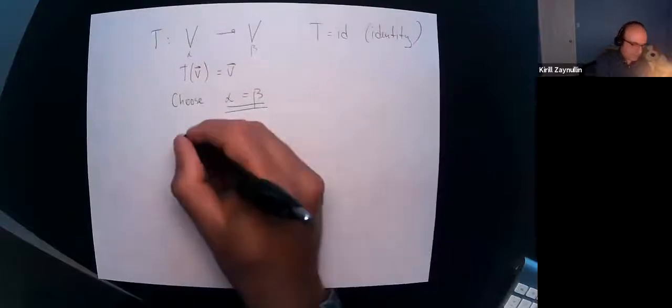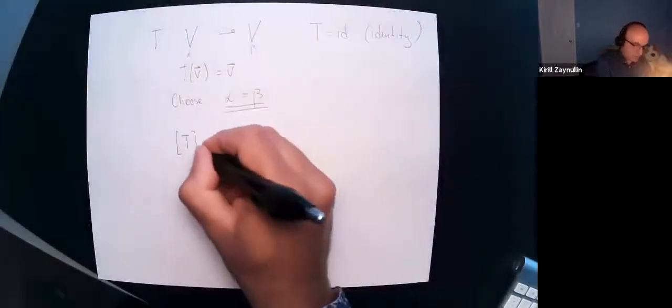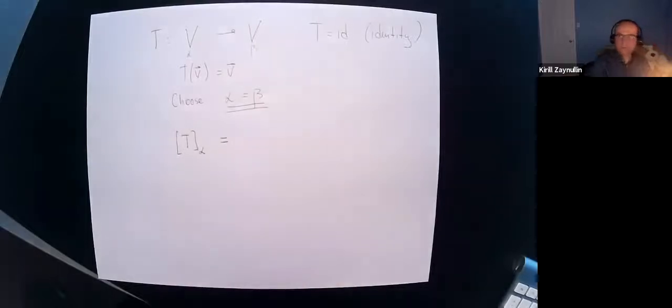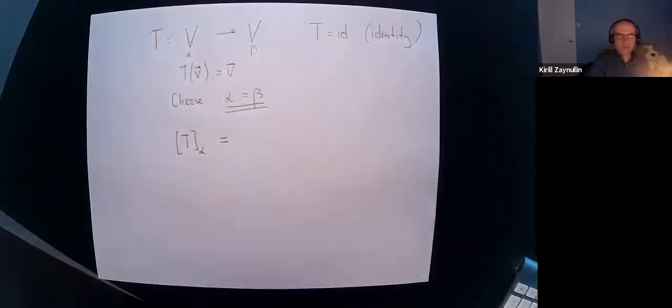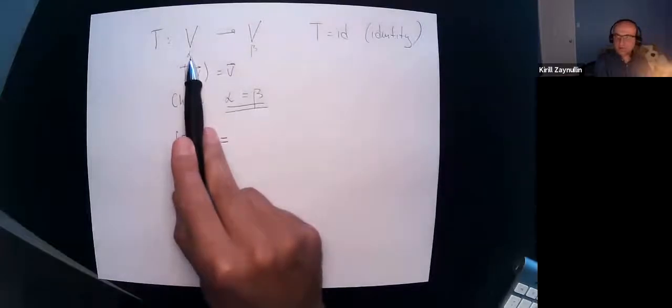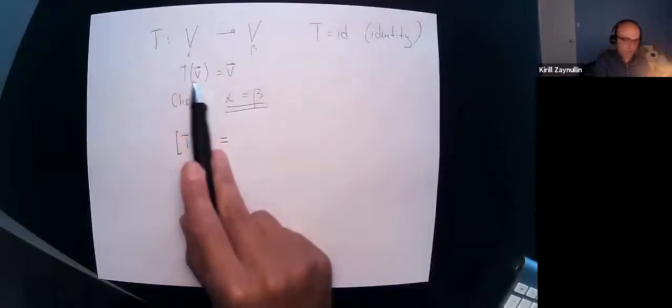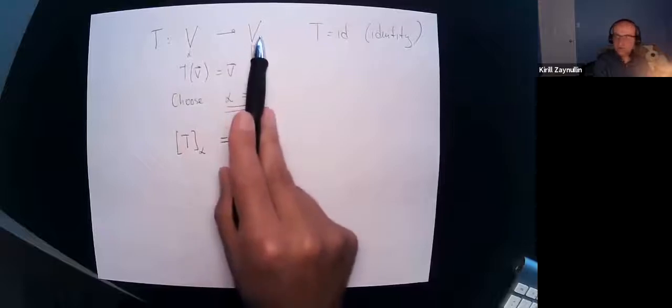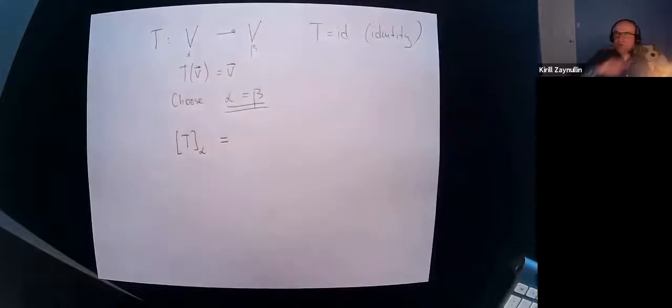Then you can see easily that if you look at the transformation matrix, let's pick up a basis vector, say the ith basis vector. Where will it go? It will go to the same basis vector, right? So if you order the basis from 1 to n, then each basis vector will go to the same basis vector.